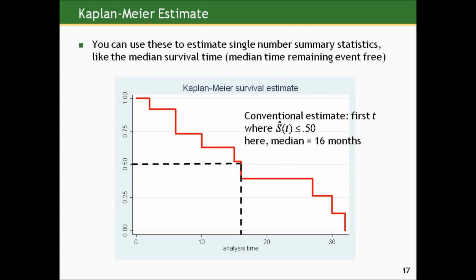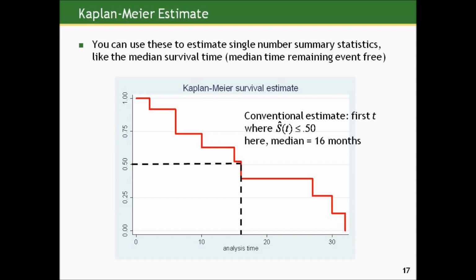We can use this summary to estimate single-number summary statistics like the median time remaining event-free. The conventional estimate of the median time remaining event-free, the median survival time as it's sometimes called, is to take the first time point where the estimated S hat of t is less than or equal to 50%, where the proportion remaining event-free is 50% or less.